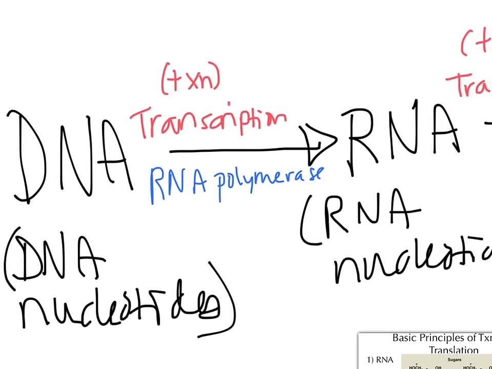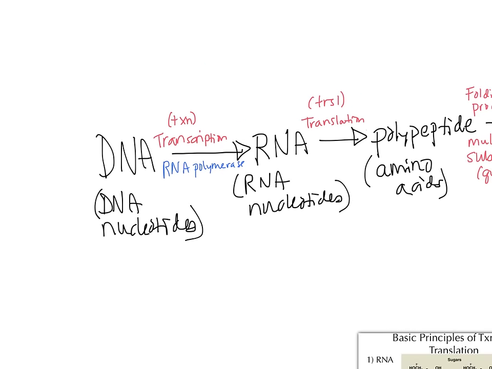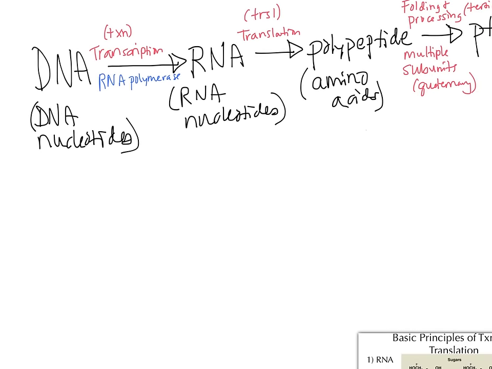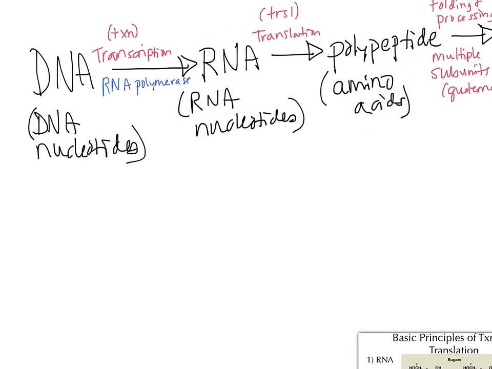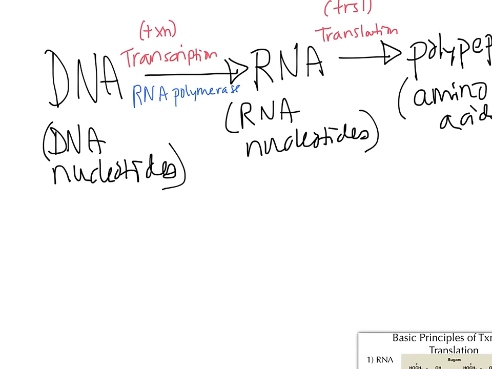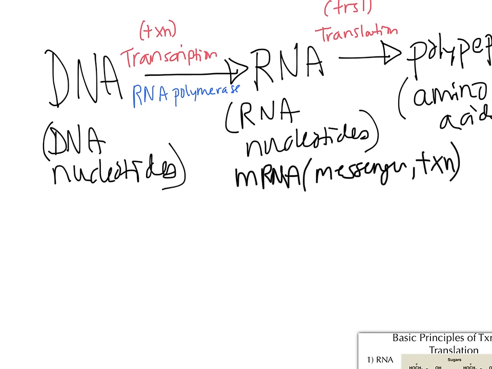Let me just mention that the RNA polymerase makes all kinds of RNA. It can make the RNA that's taken and read to make polypeptides. That specific type of RNA is called messenger RNA or mRNA. But there are other types.